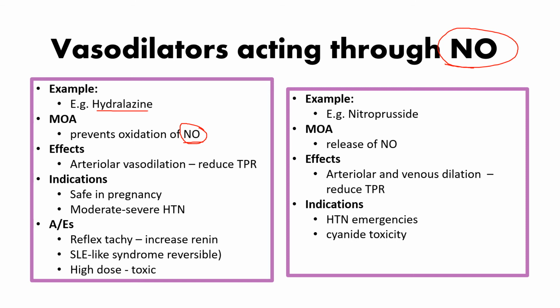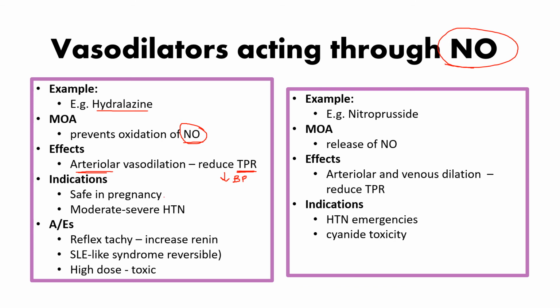Effects include arteriolar vasodilation. This doesn't have any effects on the veins. So if we dilate our arterioles, then we reduce the total peripheral resistance, and if we reduce our total peripheral resistance, that means we decrease our blood pressure. Okay, so that's how hydralazine works.